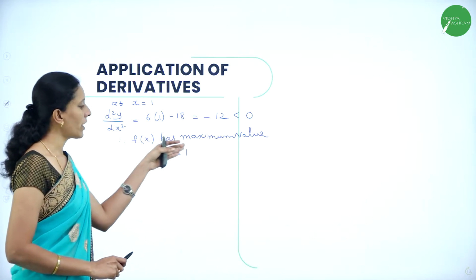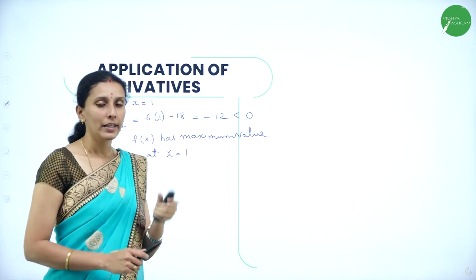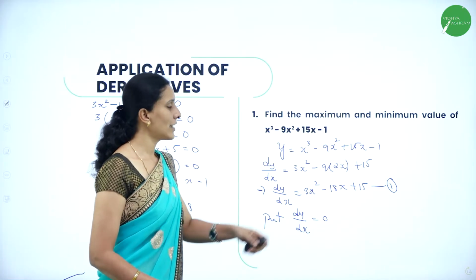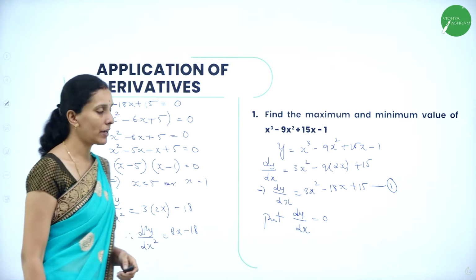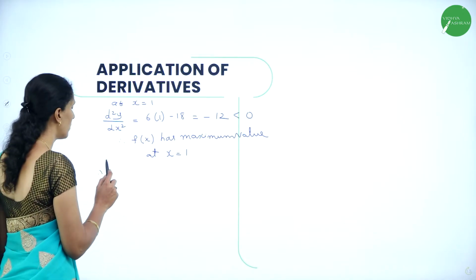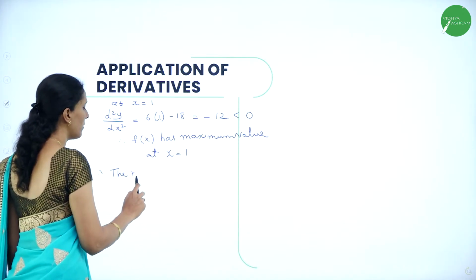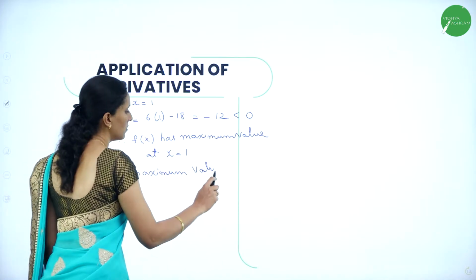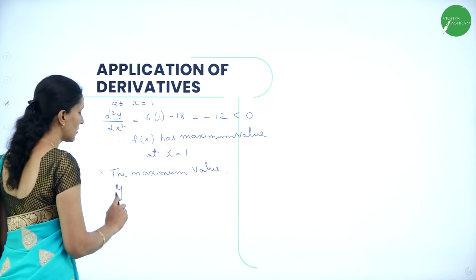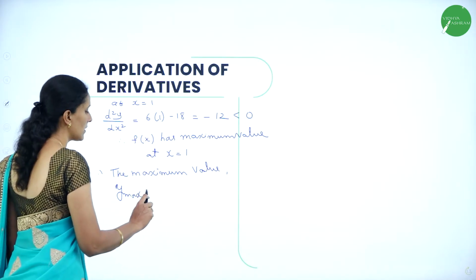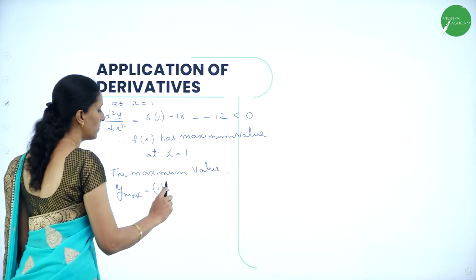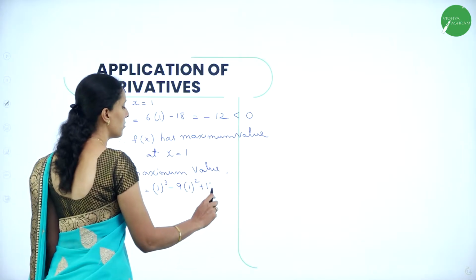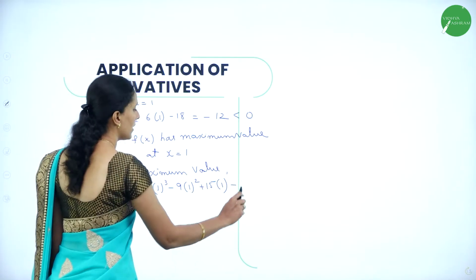So let us substitute x is equal to 1 in the given equation. What was my given equation? That is x cube minus 9x square plus 15x minus 1. So therefore, the maximum value y max is equal to 1 cube minus 9 into 1 square plus 15 into 1 minus 1.